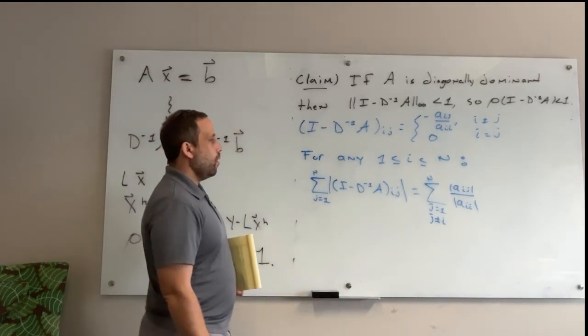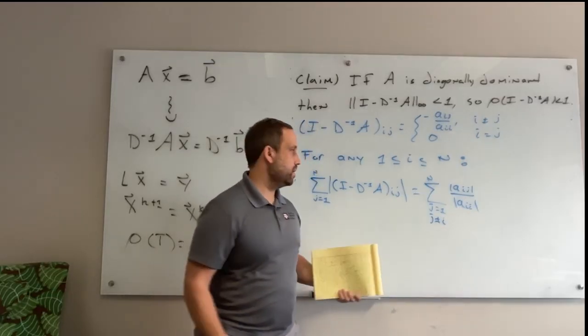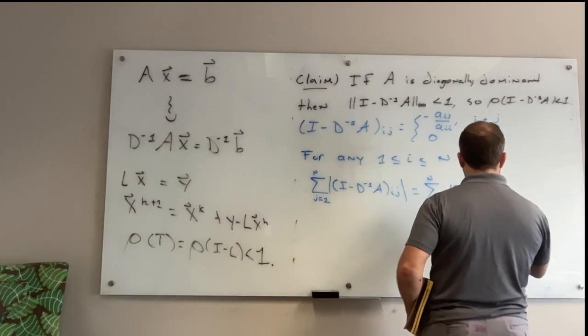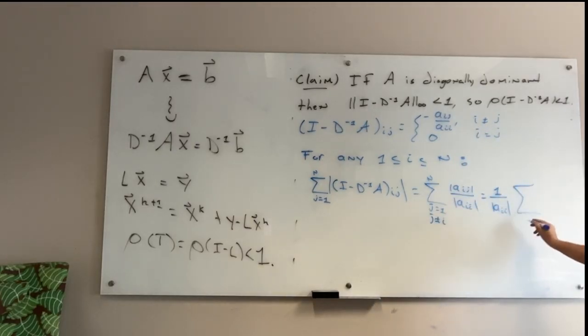Okay, now Aii doesn't depend on j, so I can move this out of the sum. And so this is equal to 1 over the absolute value of Aii times the sum, j not equal to i, of the absolute value of Aij.